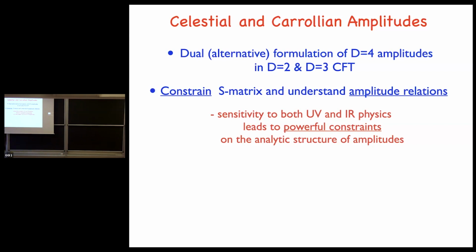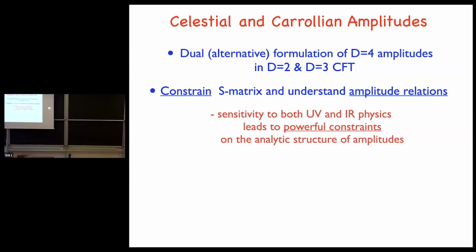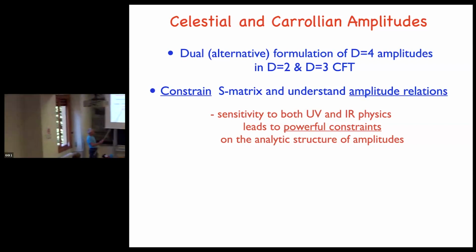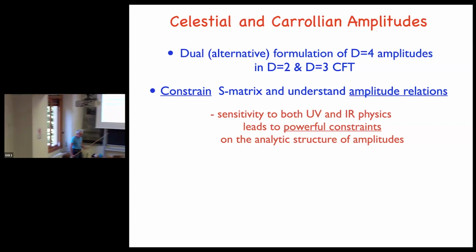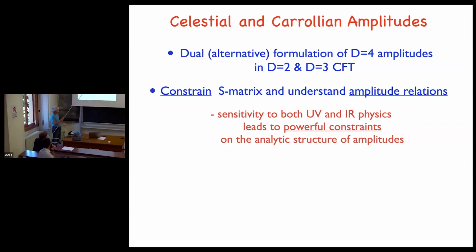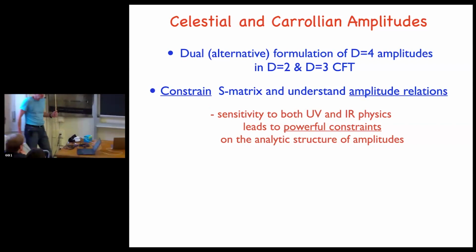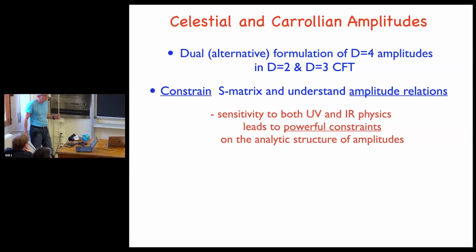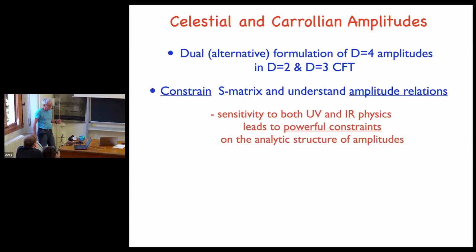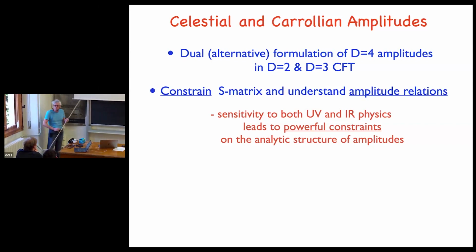And the point is that we have a conformal field theory at hand. And this conformal field theory is supposed to help us to constrain these S matrix elements and to use all these powerful methods of conformal field theory to understand or even derive amplitudes in 4 dimensions.